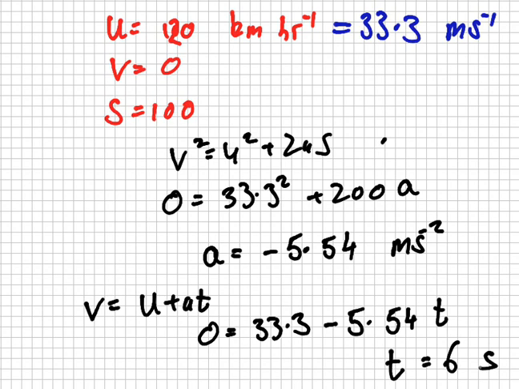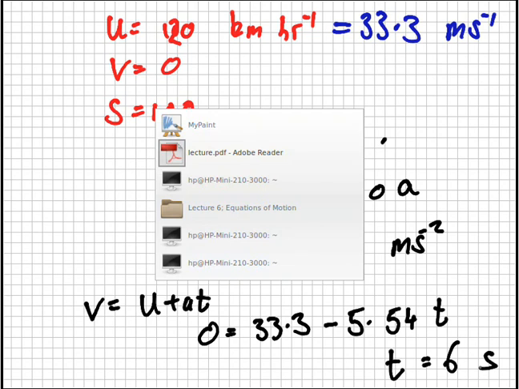Okay? So it takes 6 seconds for this car to stop. How do you know that's V equals to 0? Because the question says the person puts their foot on the brake on the car to stop the car, to bring it to rest.